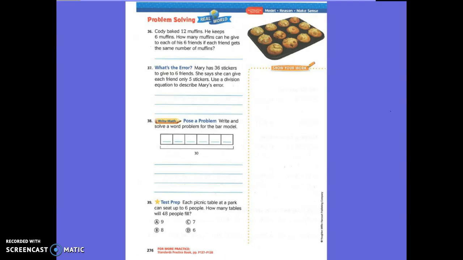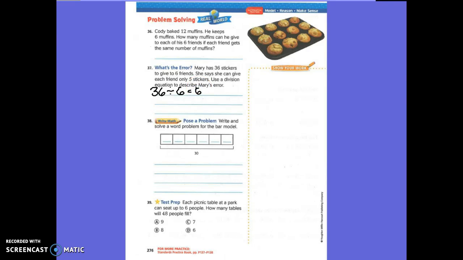Which one is it? 36 divided by 6. Now you have to figure out the answer. What is 36 divided by 6? Work it out if you need to. Okay, you guys made arrays or you already used your related multiplication problem. So 36 divided by 6 is what? 6.